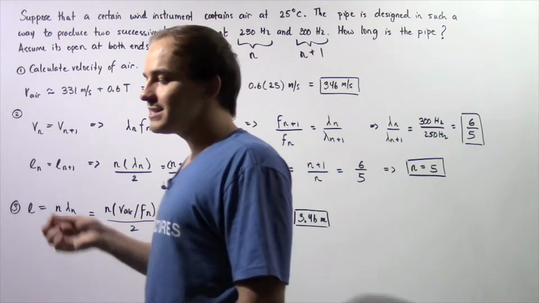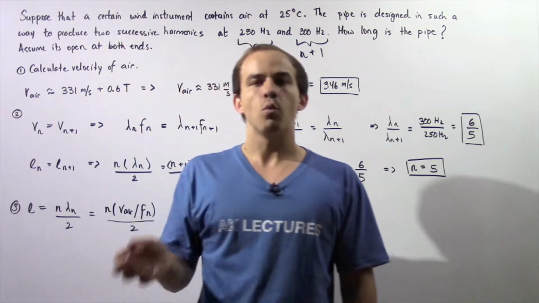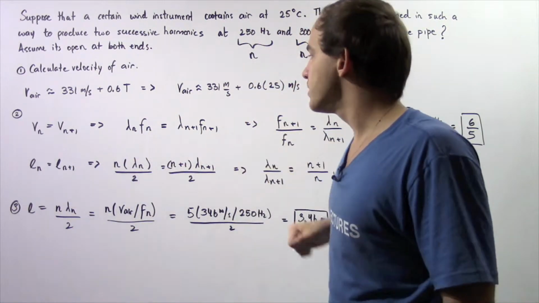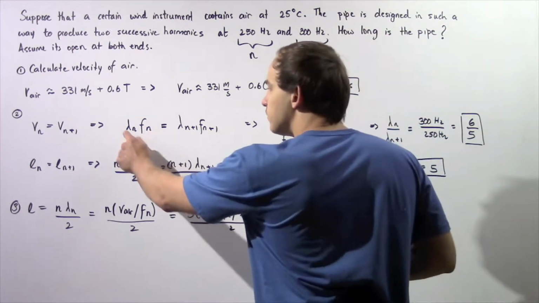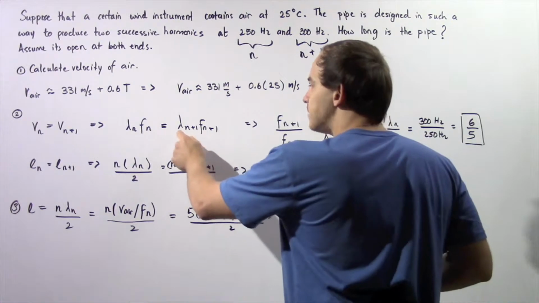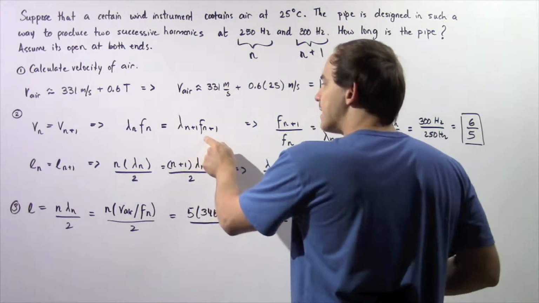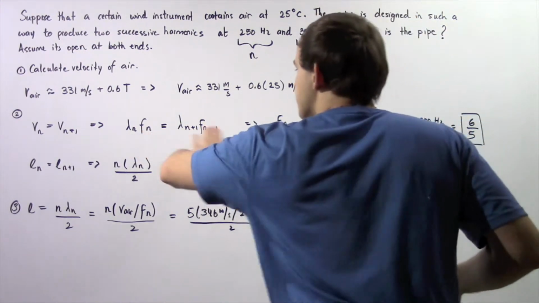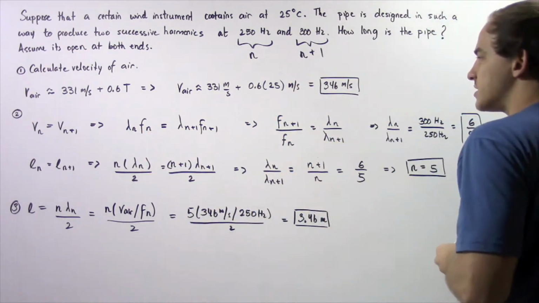And because the velocity is equal to the product of the wavelength and the frequency, we have the following result: lambda n times fn is equal to lambda n plus 1 times fn plus 1. We can rearrange this equation to get the following result.